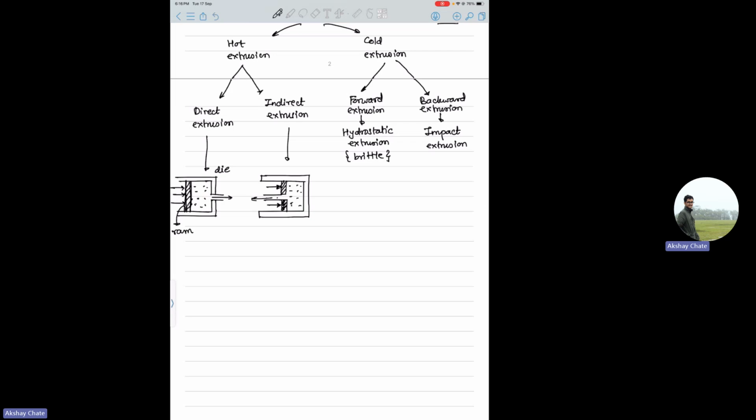Okay. And if you compare these two, direct and indirect, what happens?